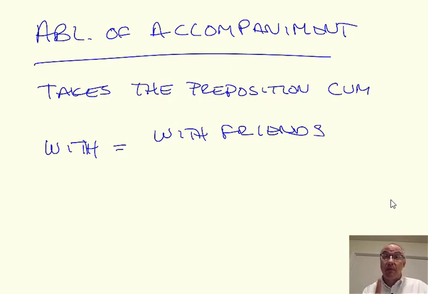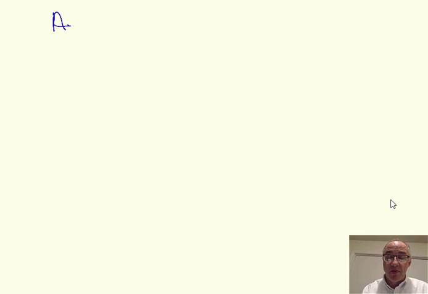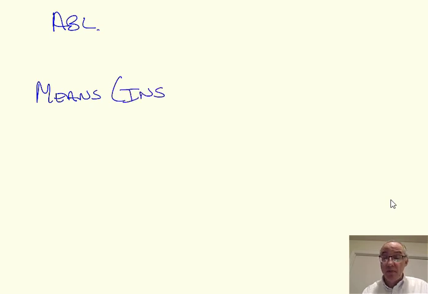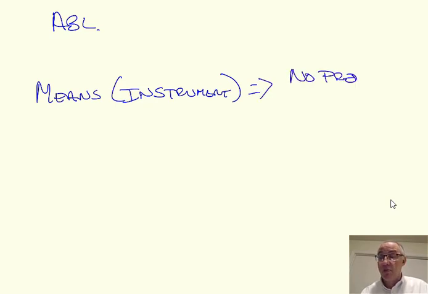So, to sum it up, and I strongly, strongly suggest you start a list like this. You have your ablatives. Means, sometimes called instrument: no preposition. Manner: preposition.